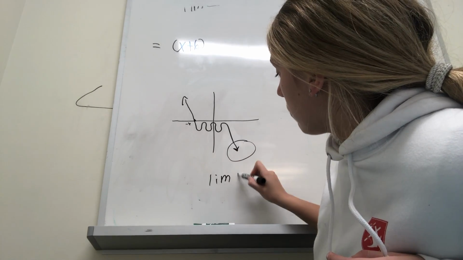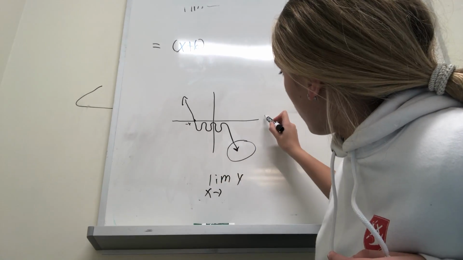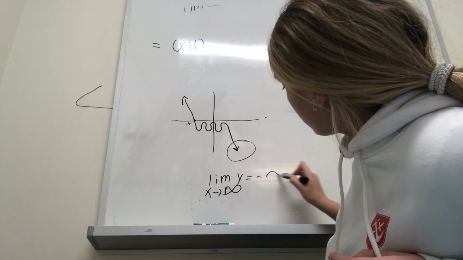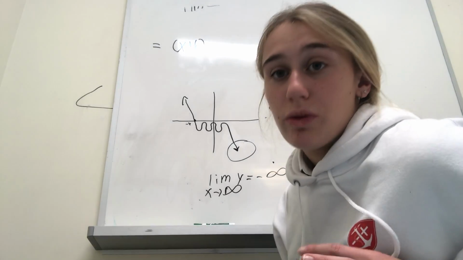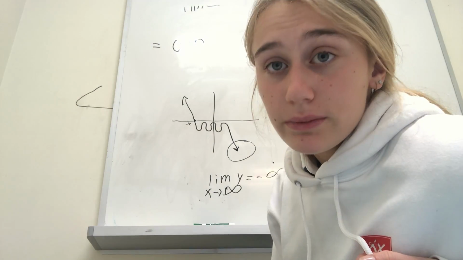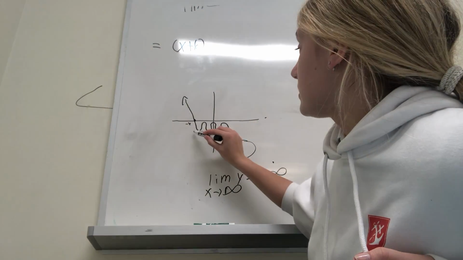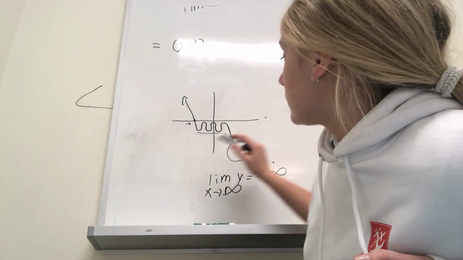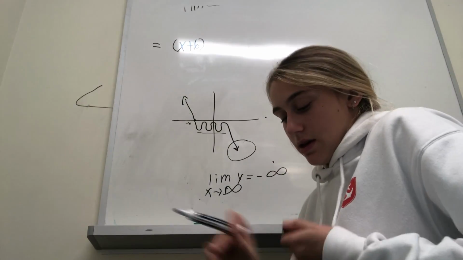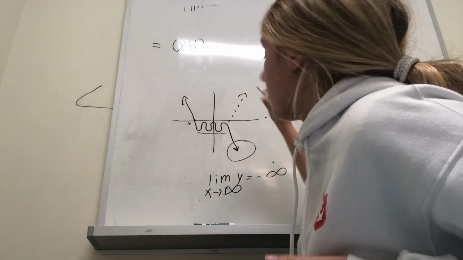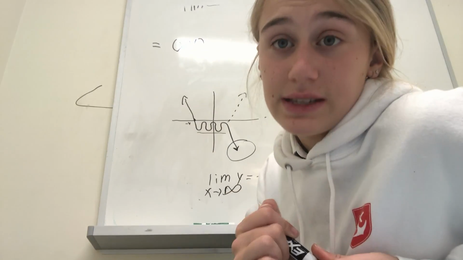So the limit of y as x approaches positive infinity is equal to negative infinity. Now we know the two ends of our long run behavior, which is really helpful when we draw our graph, because with 6 turning points it is always going to be down here. If it went up here, it wouldn't actually have 6 turning points.